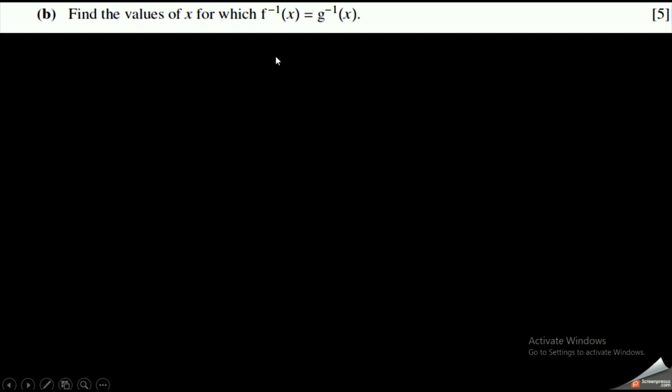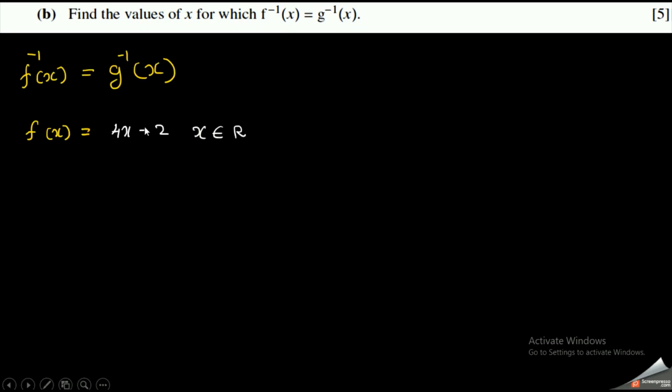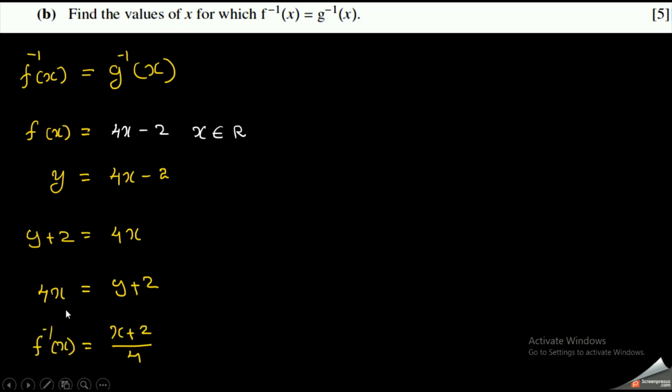Now we have to find f inverse x and g inverse x and then equate them and solve this. This is a very easy typical question. f inverse x: we will say y, right, and then y plus 2 over 4 for x, so f inverse x is equal to x plus 2 over 4.